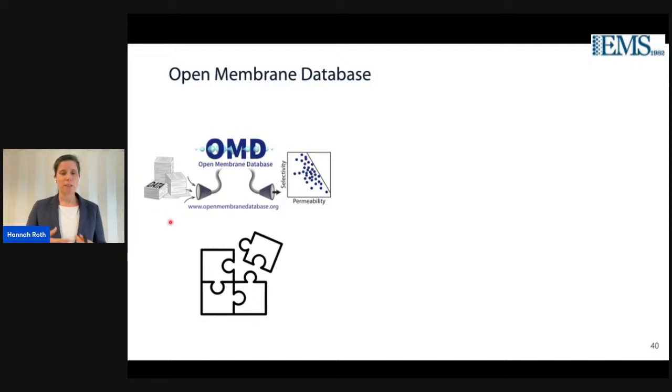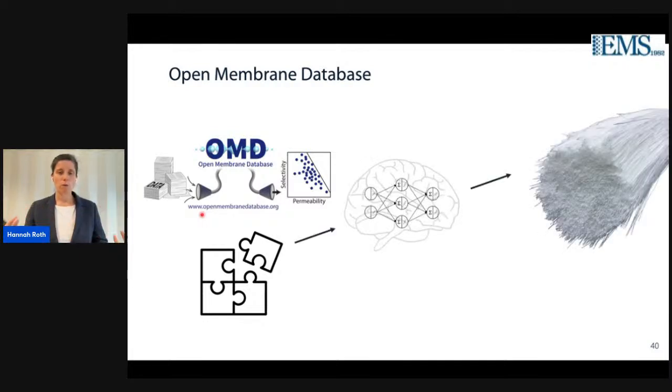And my vision is that hollow fiber membranes also become a topic on the Open Membrane Database so that we can from there collect all of our data, but then also use it together in artificial intelligence and neural networks to predict and design the hollow fiber membranes that we actually need in the future.